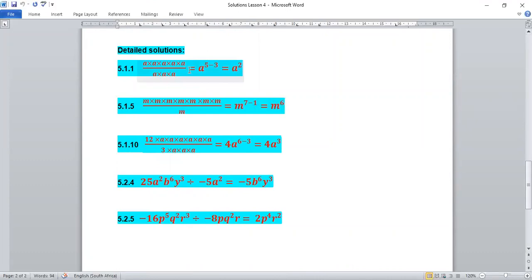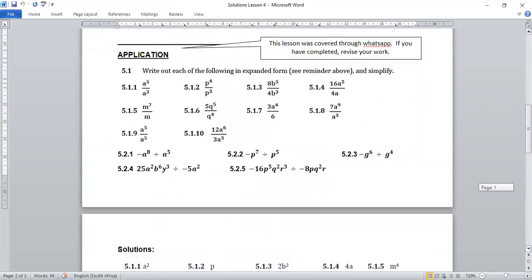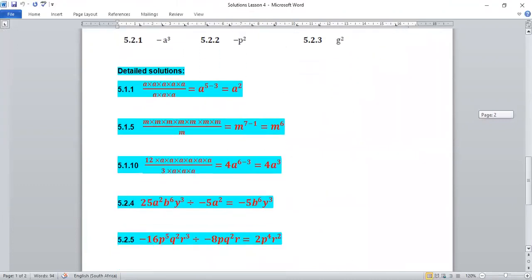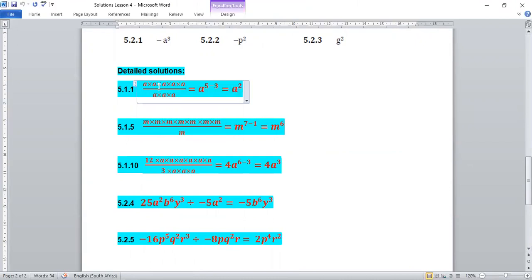For example, we'll start with question 5.1.1. You were asked to divide a to the exponent 5 divided by a cubed. So again, by writing out a to the exponent 5 in expanded form, you get a multiplied by a multiplied by a multiplied by a multiplied by a.